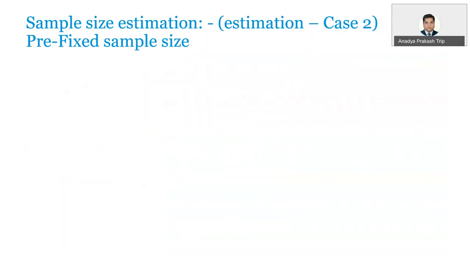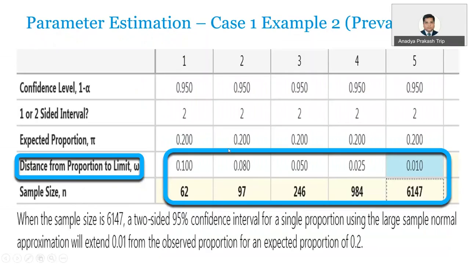So in this slide, you see that all this information is deciding the sample size. This is the prevalence case. In a prevalence case, I need to know the expected prevalence.